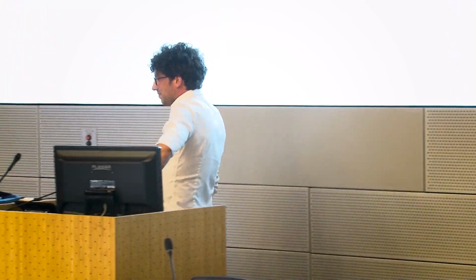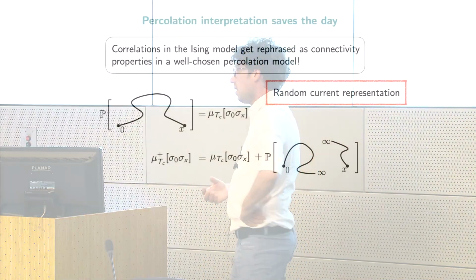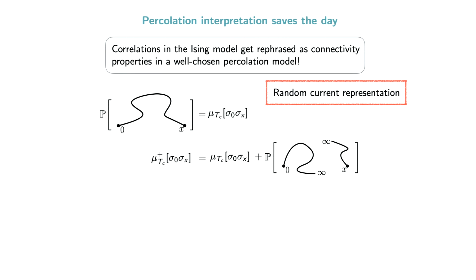But now something pretty natural happens: in the previous picture, when there was an infinite connected component, it was unique. You may think it's a different percolation model, but this is something very hard to break. Usually in percolation models, when you have an infinite connected component, it's going to be unique. And it's the case for the random current representation. So what you get is that if 0 and x are connected to infinity, they are also connected together.